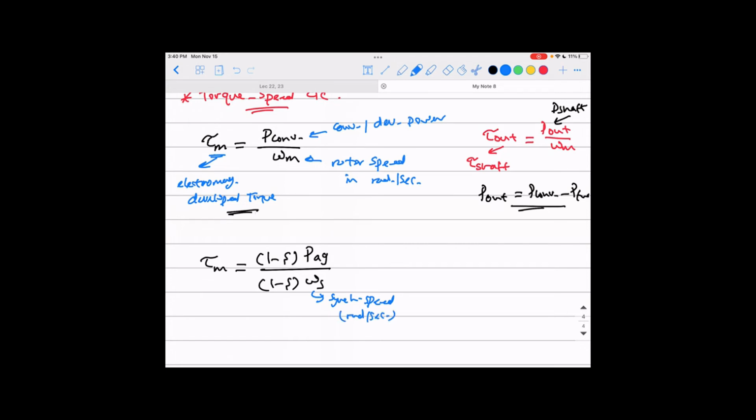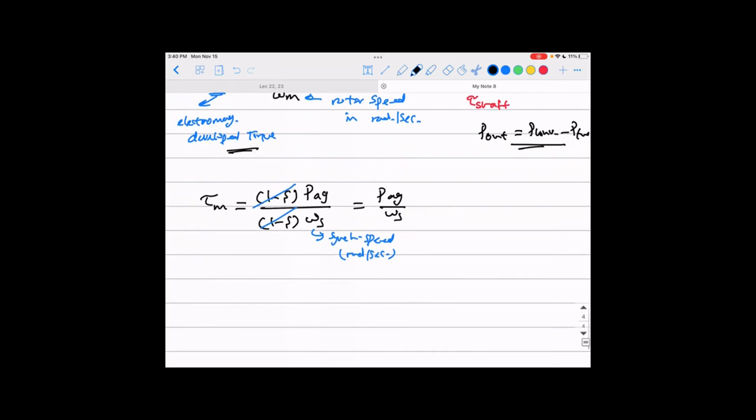Okay, so 1 minus s cancels with 1 minus s, and you are left with air gap power over omega s. So for our three-phase induction machine, the motor torque, or the electromagnetic torque, can be found from the converted power over omega m, or from the air gap power over omega s. It's up to you, and up to the data you have in hand.